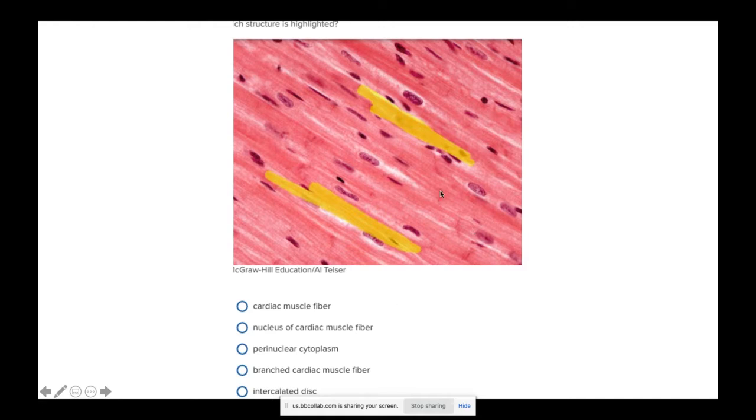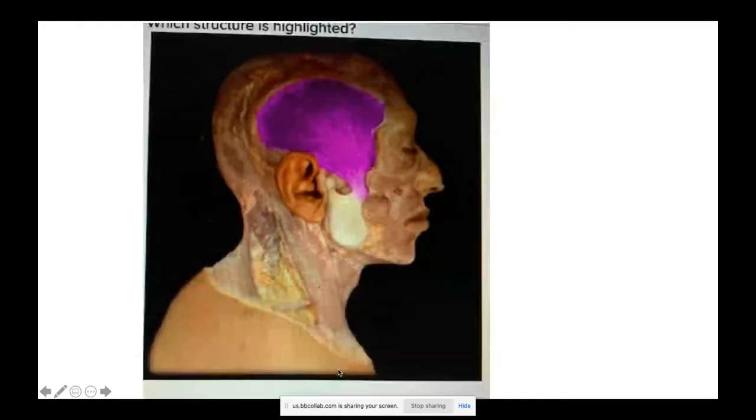Nope. This is an intercalated disc, and this is an intercalated disc, and this. So now it's branches of the cardiac muscle fiber, it's cardiac muscle fiber, or it's the nucleus. And what it's showing is the branches. These are branches of the cardiac muscle fiber.